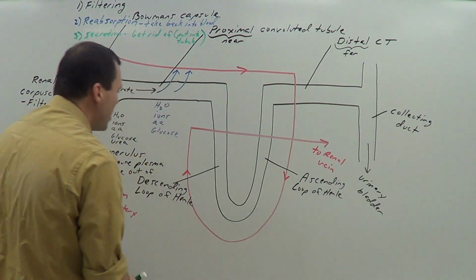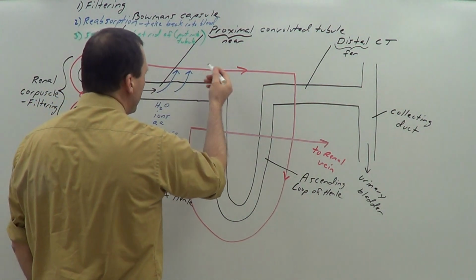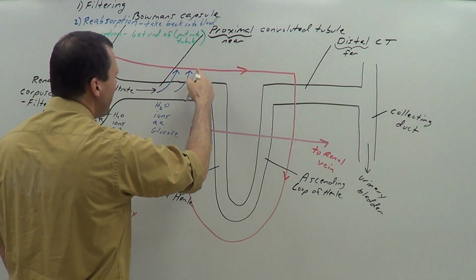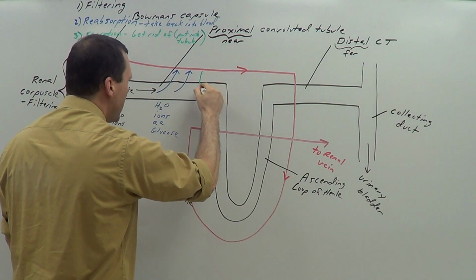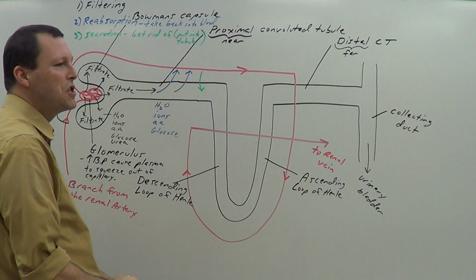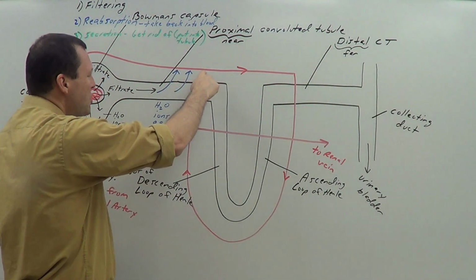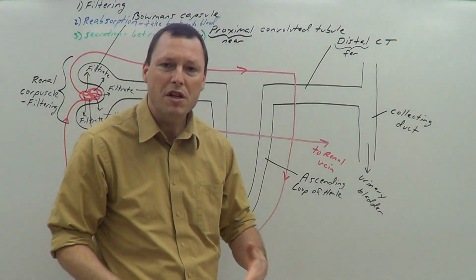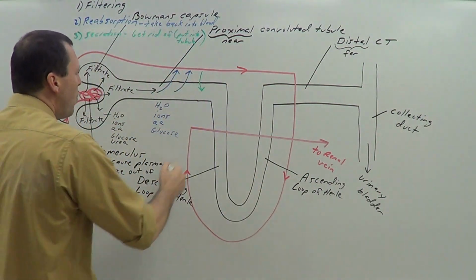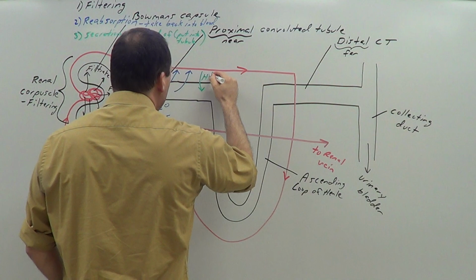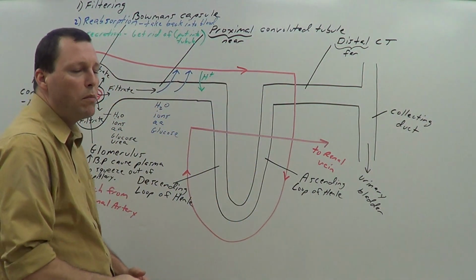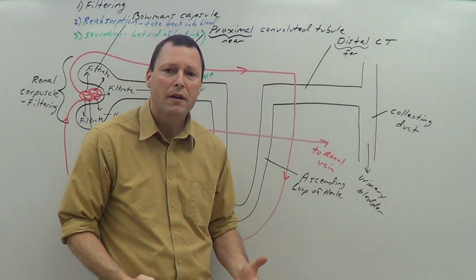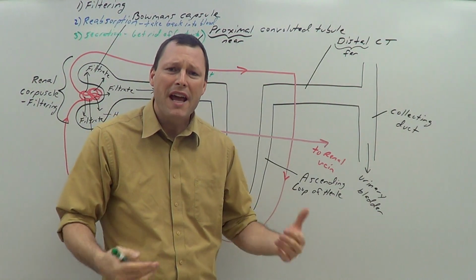Now, something's going to get secreted here. So I'm going to use green to show it coming out of the blood vessel and going into the tubule, because that's what secrete means. We're taking stuff out of the blood vessel and putting it into the tubule, and there are transport proteins that do this. So what is that? Hydrogen ions. Now, hydrogen ions, or protons as they're otherwise called, are the acid part of an acid.